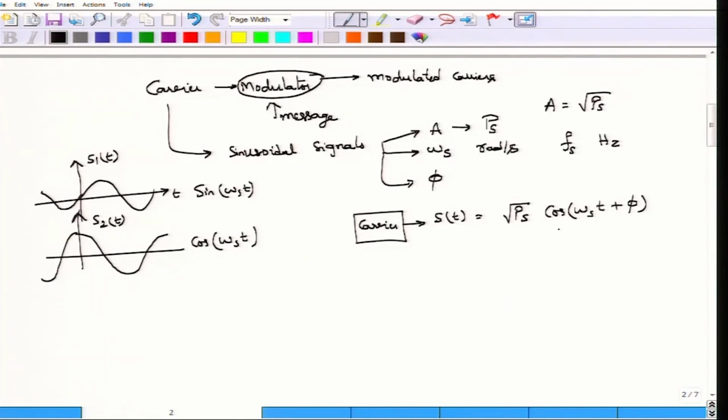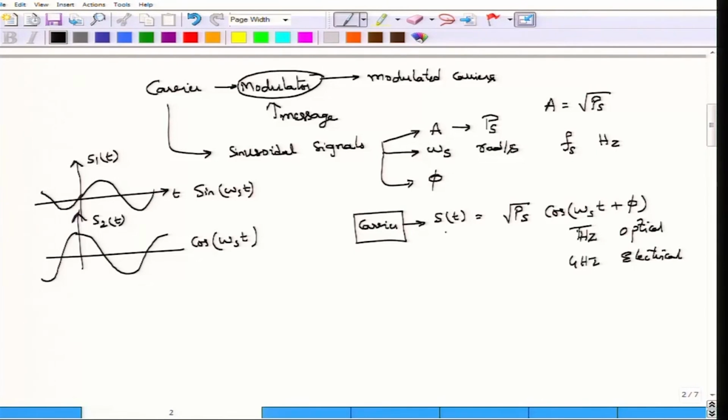The difference being, the frequency omega s is usually very large for optical signals, in the order of terahertz, whereas for electrical signals you normally go up to gigahertz. And this phase, as I said, unless you modulate, it normally does not enter the picture. For intensity modulation systems, or on off keying signals, this phase is totally immaterial.